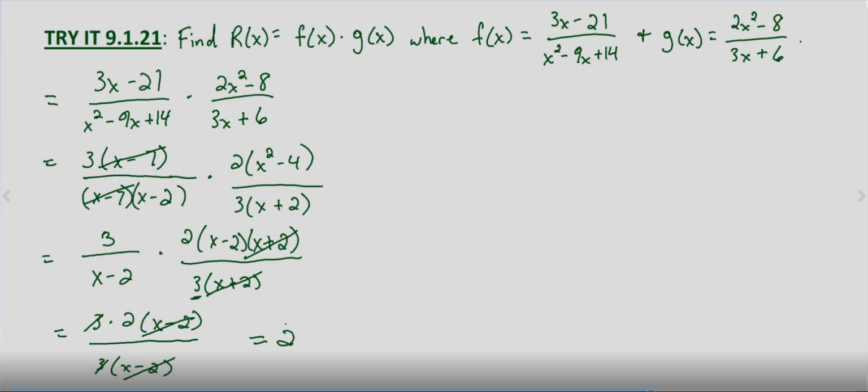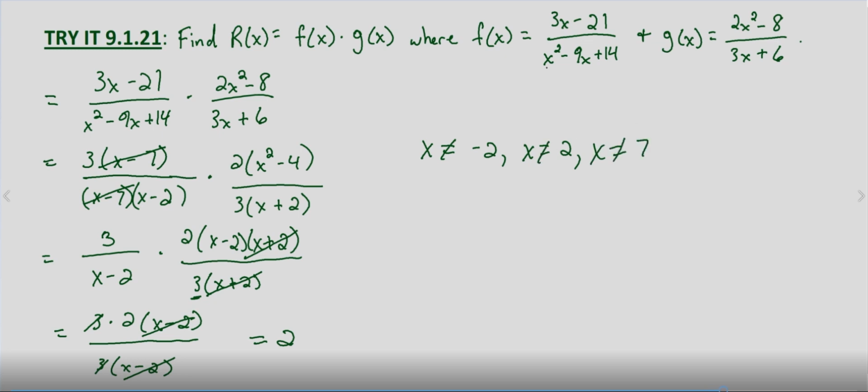We also should note, as always, x cannot equal... Now let's look at it when we had all of the factors. x cannot equal negative 2, 2, or 7. Okay, so x cannot equal negative 2, x cannot equal 2, and x cannot equal 7.